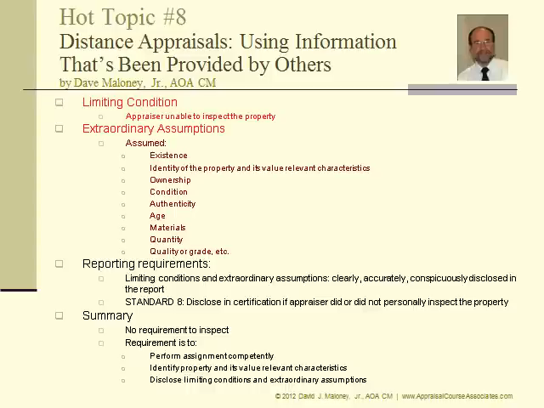Extraordinary assumptions might be required to address any number of issues, such as assumed existence of the property, identity of the property and its value-relevant characteristics, ownership of the property, the property's condition, authenticity and age, the materials from which it is made, the quantity of items, the property's quality or grade, etc. As noted, USPAP requires that all limiting conditions and extraordinary assumptions be clearly, accurately, and conspicuously disclosed in the appraisal report.